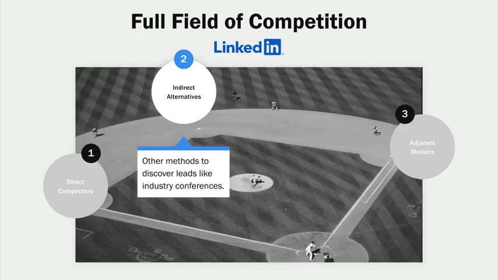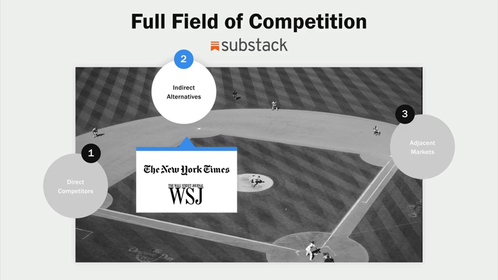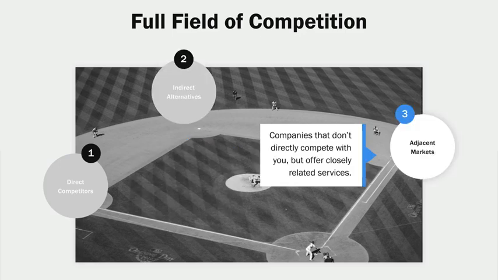For LinkedIn, these would be the other methods in which sales professionals discover leads, in this case through industry conferences. For Substack, this would be other methods in which their target audience publishes, such as via traditional media publications like the New York Times or the Wall Street Journal.